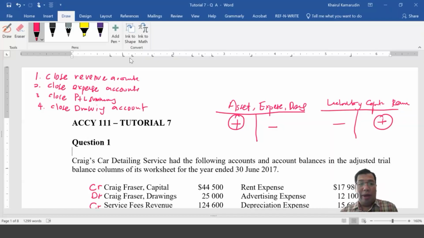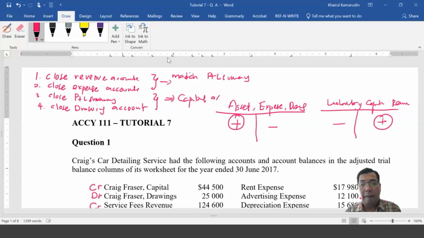So let us do one by one. Let us do number 1, revenue. How to close this account? How to close revenue and expenses? You will transfer them to your P&L or income summary. For number 3 and number 4, you are going to transfer to your capital accounts.